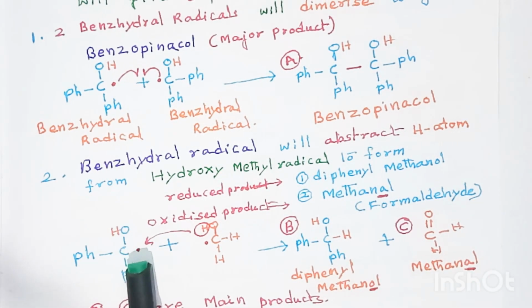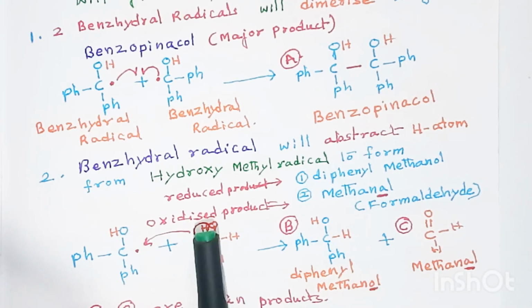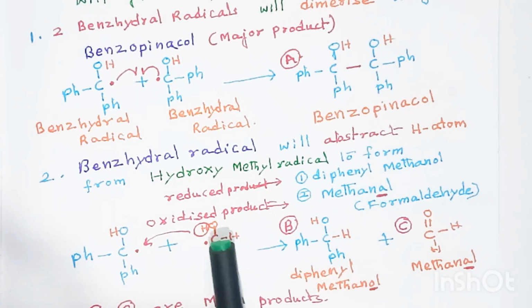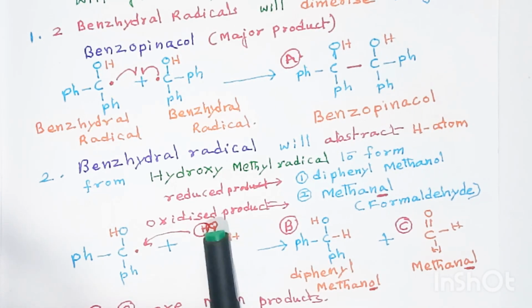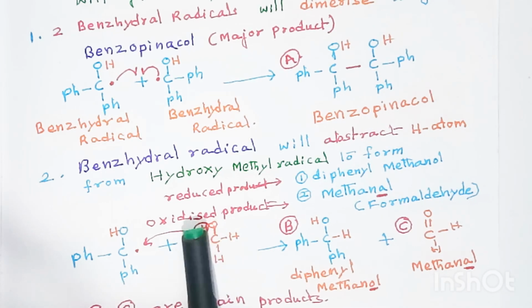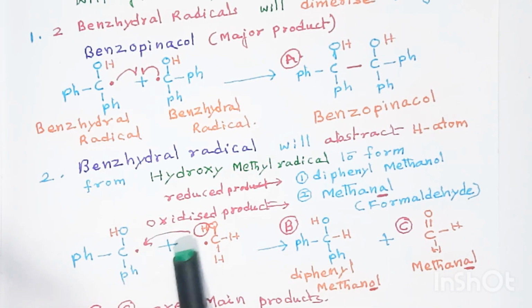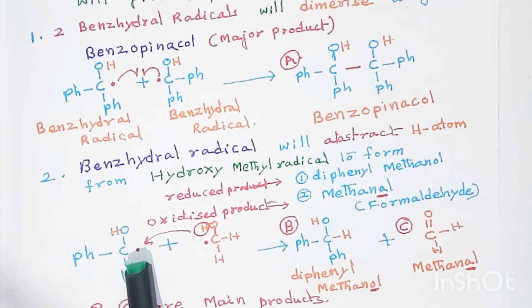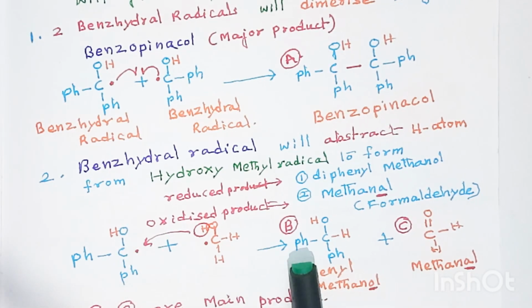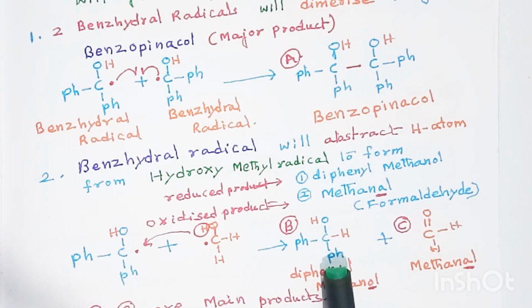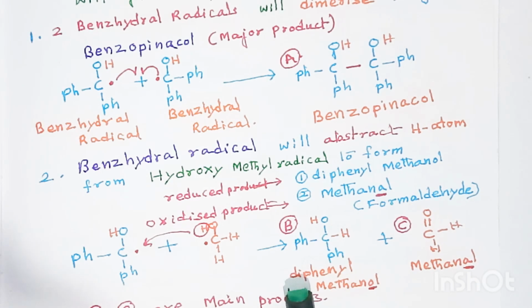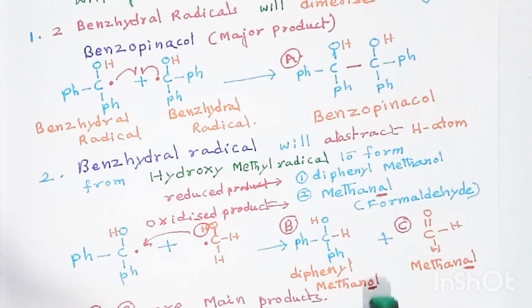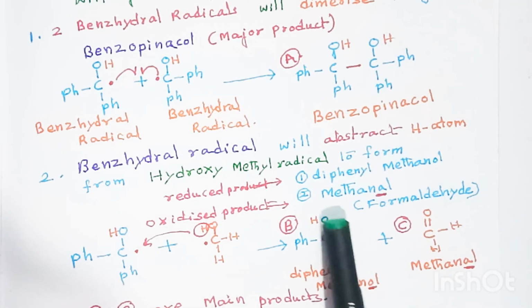Ph2COH radical will abstract a hydrogen atom from CH2OH. This hydrogen atom, connected to the oxygen atom, is abstracted by this benzhydryl radical, as a result of which we get Ph2COH and H. This is nothing but diphenylmethanol. Methanol because alcohol group OH is present here.